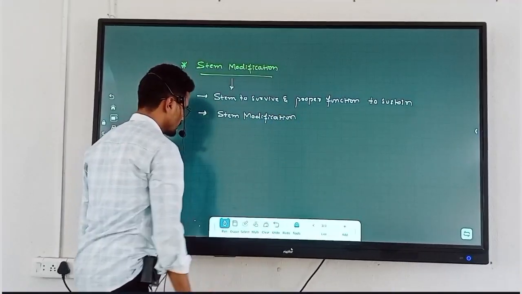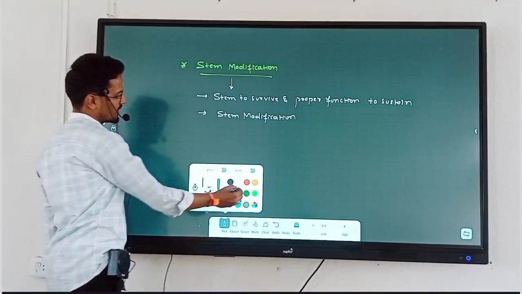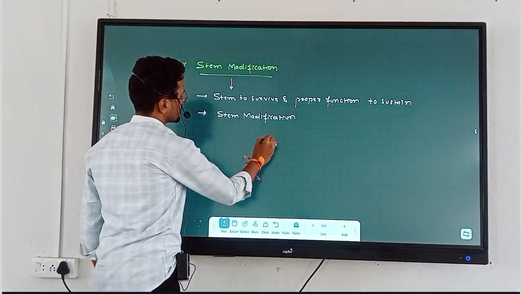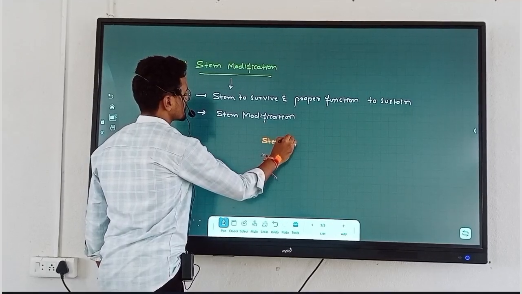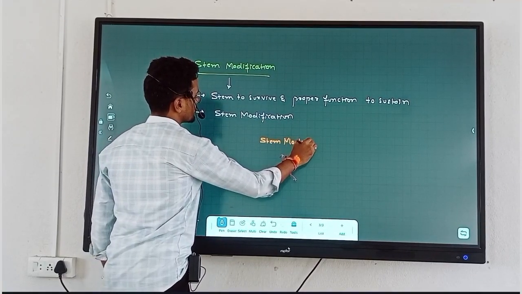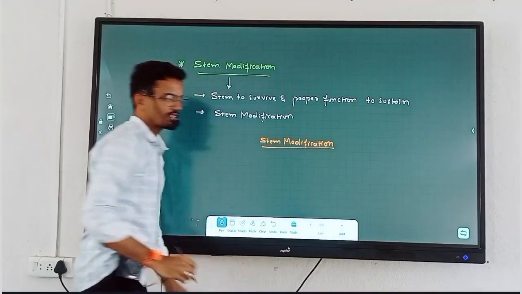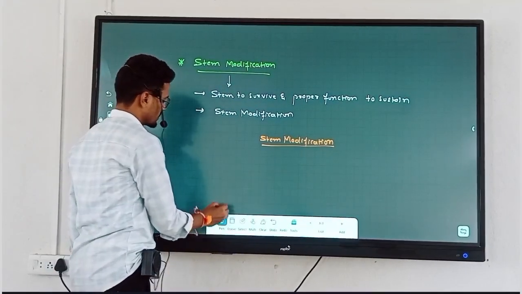This stem modification is mainly categorized into three groups. Which are those?